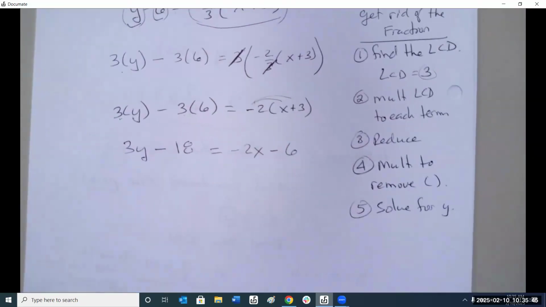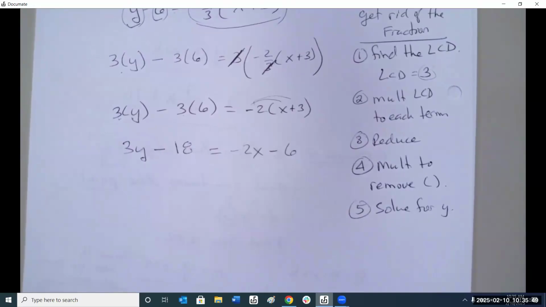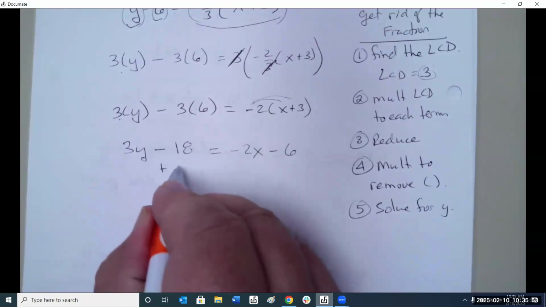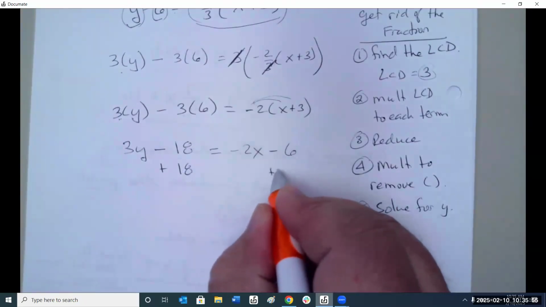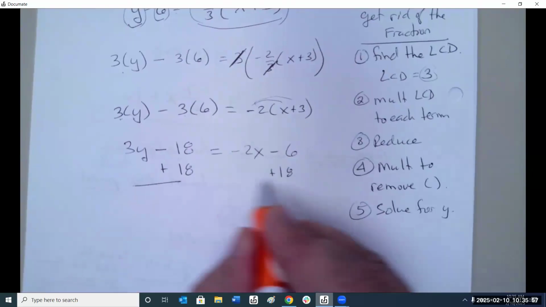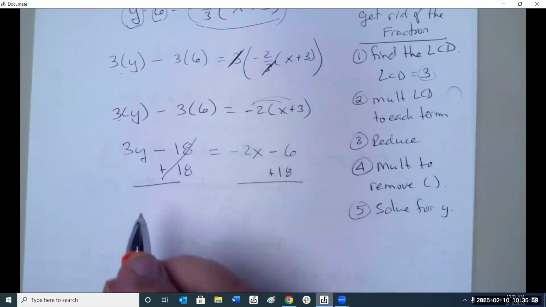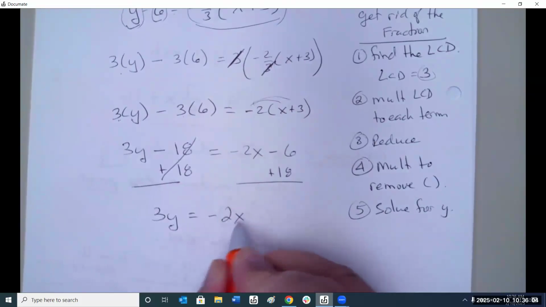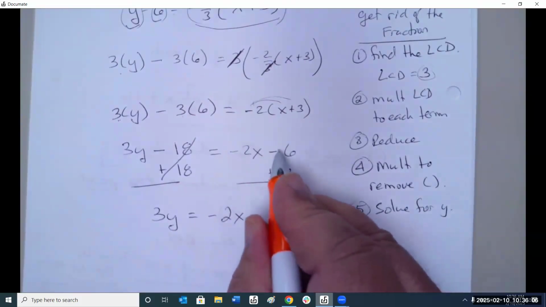So solve for y. What do we have to do first? Get rid of the 18. Add 18 to both sides. 3y equals negative 2x. 18 and 6, they have opposite signs.